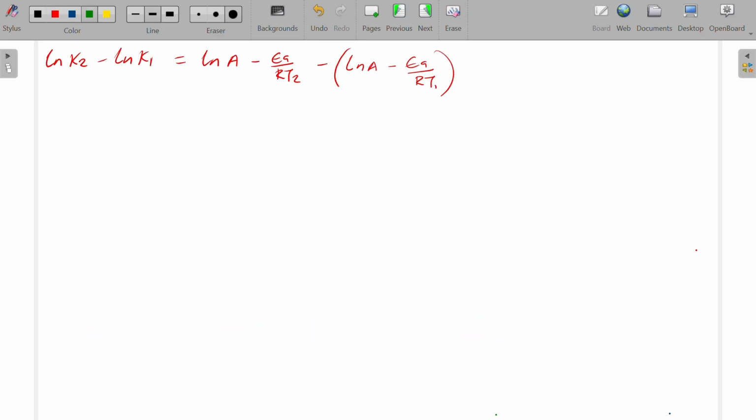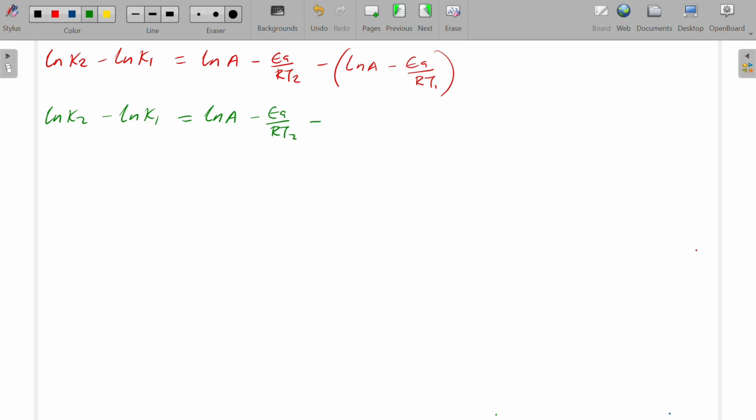So continuing here, we'll still have natural log of K2 minus natural log of K1, being equal to natural log of A subtracted by activation energy over RT2, like that.